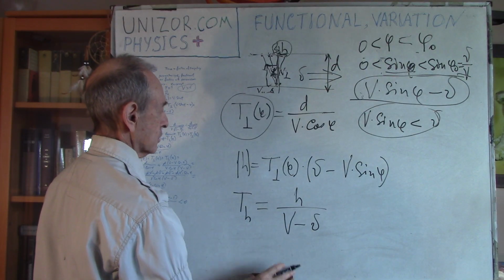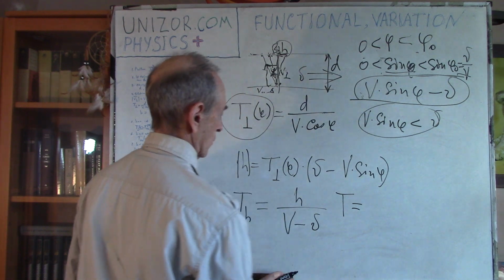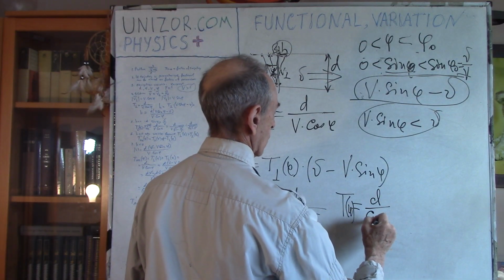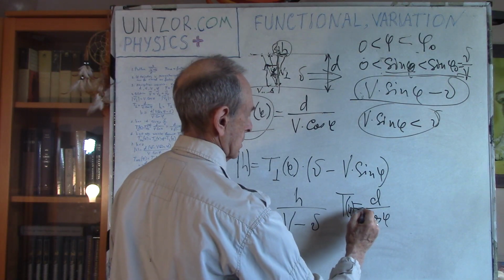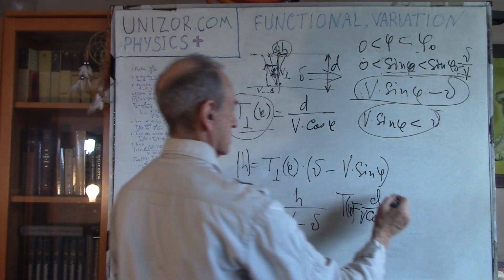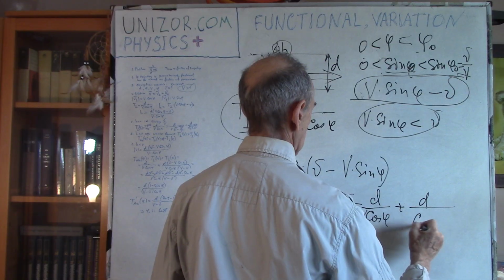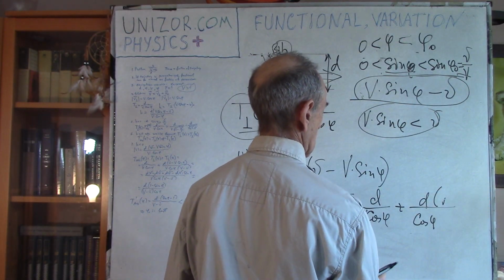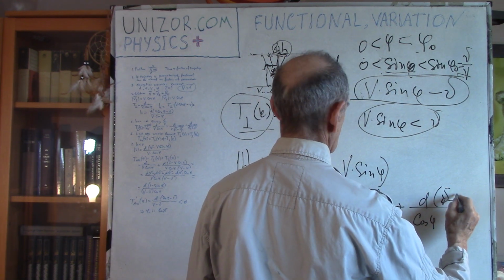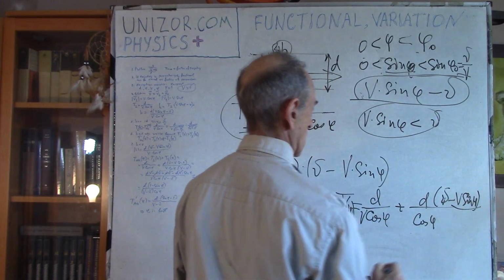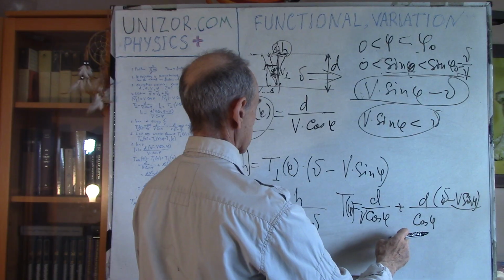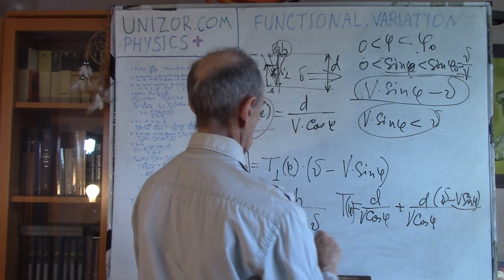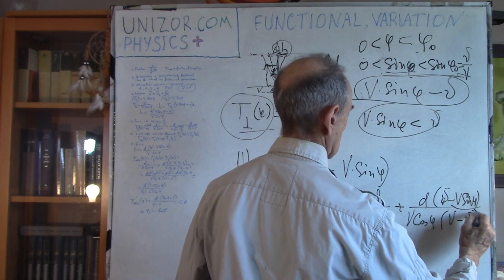So altogether, my total time, which depends on angle phi, obviously, is equal to this time, which is d divided by cosine of phi times v, plus this time, which is d divided by cosine phi, times v minus v sine phi, divided by v, and divided by V minus v.